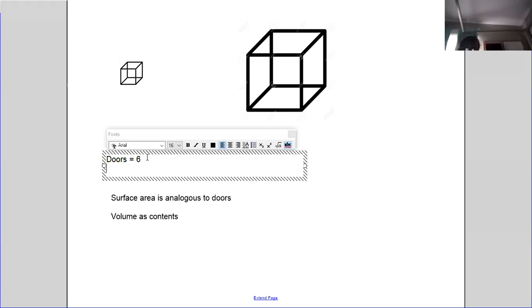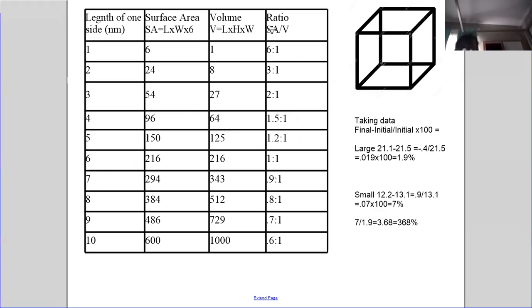Now let's think about contents. So what are my contents there, kid? How many contents do I have if volume equals contents? And we're still on you, Juliana. We'll go back and look at it. Remember, surface area is doors, volume is contents. We're dealing with this 1 nanometer.